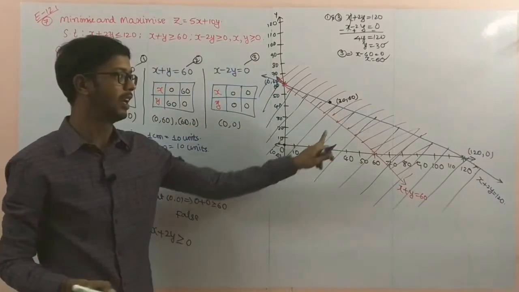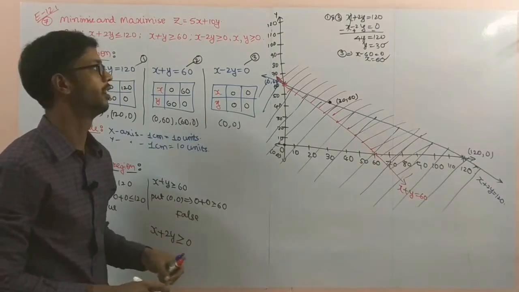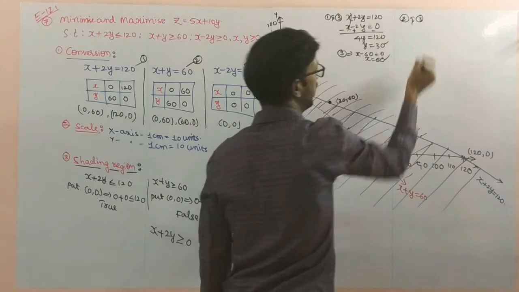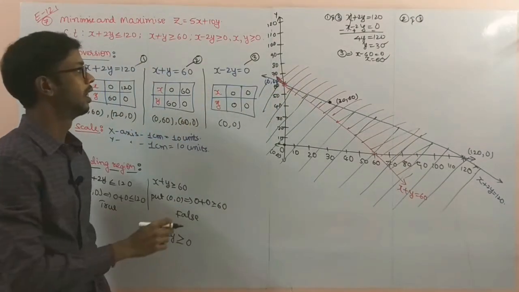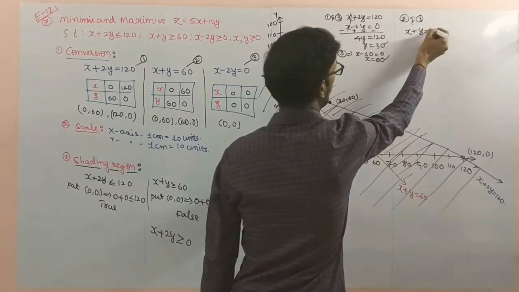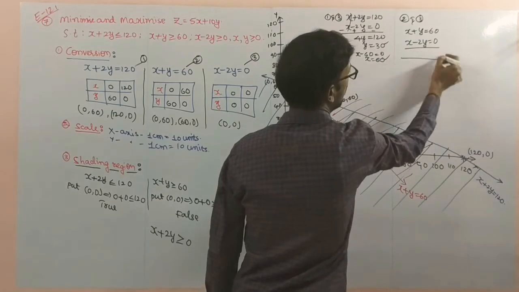Next, the intersection point of the second equation and third equation you have to find. Same, solving 2 and 3, just subtraction as before. x plus y equal to 60, x minus 2y equal to 0.